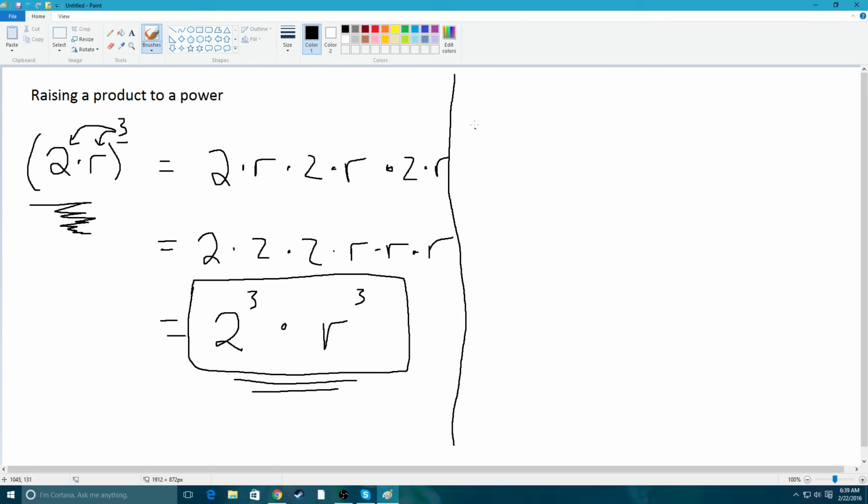Let's do another example. What if we have 3 times a to the 3rd power, squared?